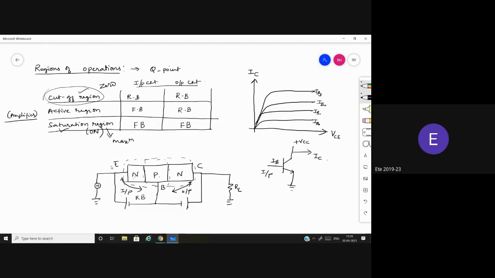Now, for a given fixed value of base current IB naught, this is the collector current which is going to be obtained at the collector terminal. If you increase the base current to IB1, let us take 1 micro, 2 micro, 3 micro, 4 micro, like that.